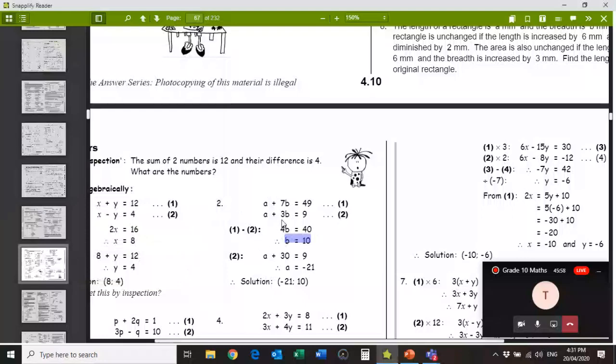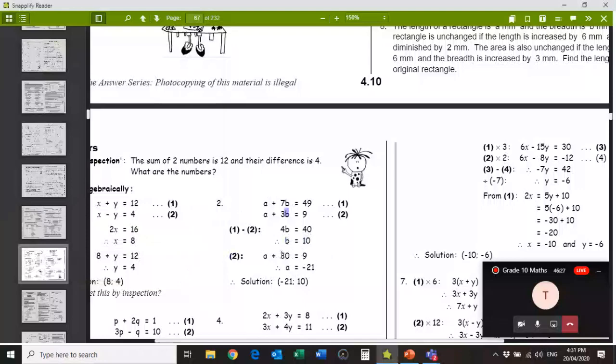Okay, so how do I do that? I now worked out the value of B, which is 10. Then I just take equation number 2 and I fill in this B = 10 into this area. So it would be 3 bracket 10, which would actually mean 3 times 10, and therefore it's going to be 30. So then I get all my terms on one side and all my letters on the other side.